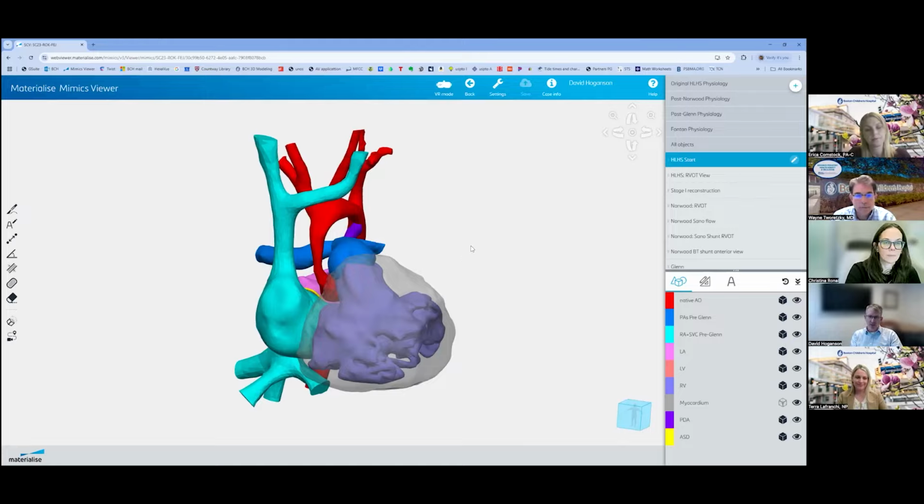Certainly the fetal echoes are wonderful, but we always learn more about the baby after the baby's born and the first echoes in the newborn period. And that really gives us the information to make the final decision about what surgical option might be best for these patients.